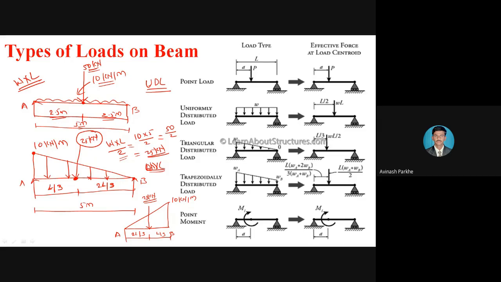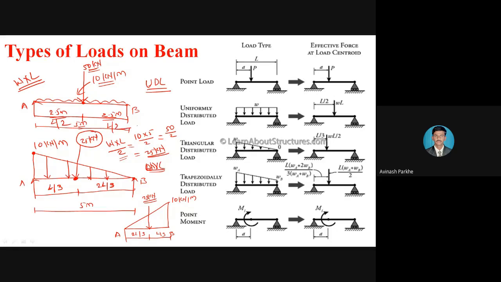The UDL acts at the center only, but the UVL does not act at the center. From the maximum magnitude its distance is L/3, and from the 0 magnitude its distance is 2L/3. L/3 means 5 meters divided by 3, and 2L/3 means 2 into 5 meters divided by 3. But in case of a UDL, it is L/2 from the left side and L/2 from the right side.